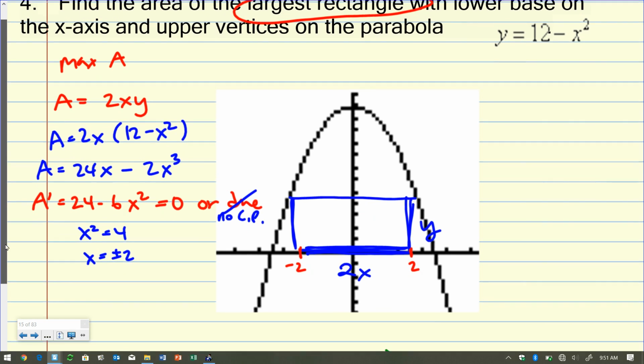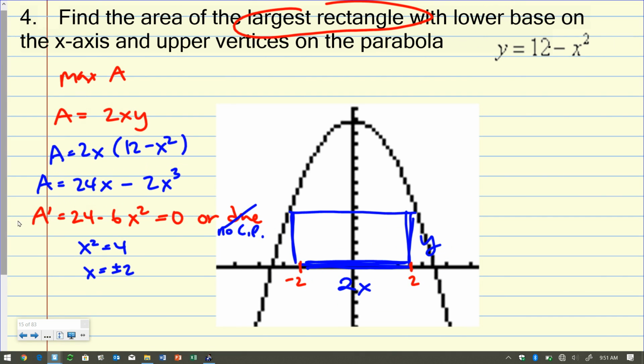All right, guys, what are they trying to ask me anyway? I need to figure out what they're asking me. If my x is plus or minus 2, what's my y equal to? 12 minus 4, right? You guys getting 8? Okay, did I answer the question? No. What was the question? To find the area.